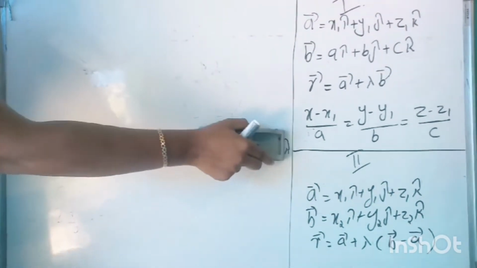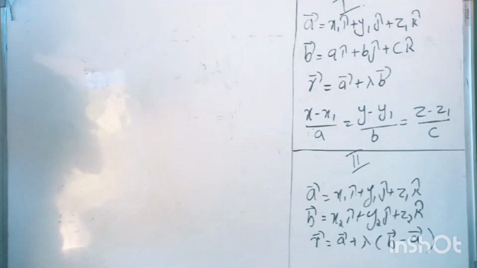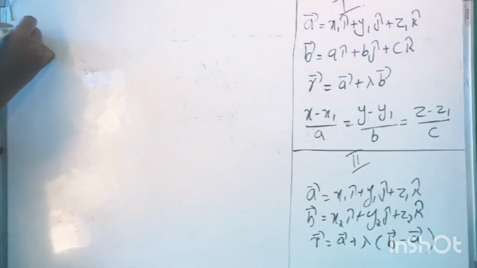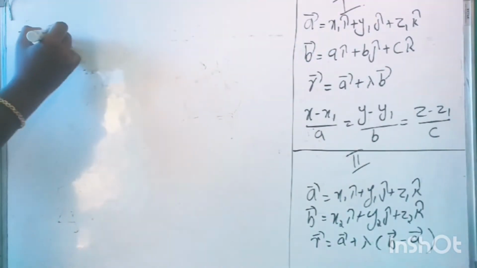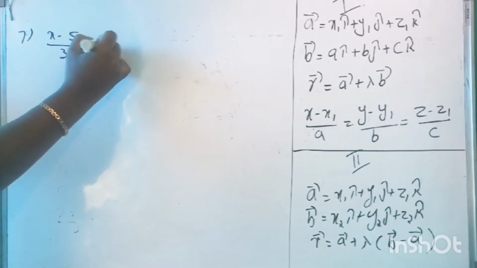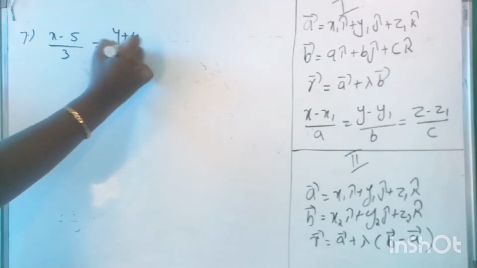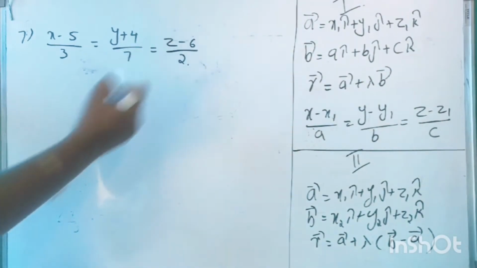So the Cartesian form is given and we need to write the vector form. If the Cartesian form is given, you should compare it with this (x minus x1) by A is equal to (y minus y1) by B is equal to (z minus z1) by C. And the given Cartesian form is (x minus 5) divided by 3 is equal to (y plus 4) divided by 7 is equal to (z minus 6) divided by 2.